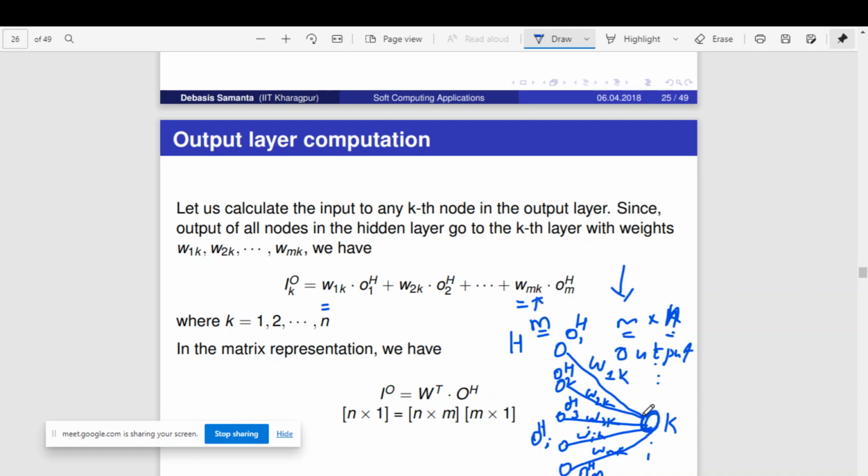How will you represent this mathematically? This is the input to the kth neuron of the output layer. IKO is the input: I is input, K is the neuron.